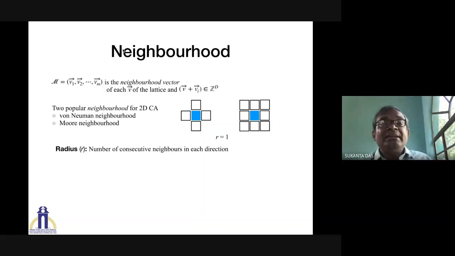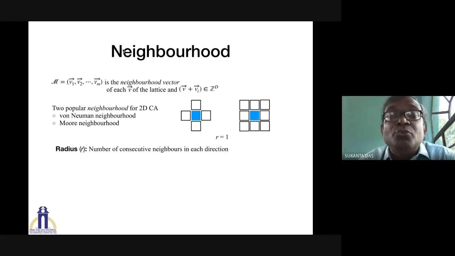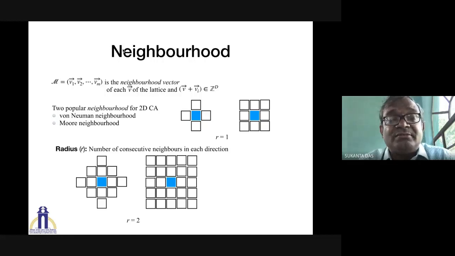Now, in the case of 2DCA, you may ask: for 1DCA it is simple, but for 2DCA there are two neighborhood conditions, von Neumann and Moore. If R equals 2, how will it look? It will look like this.